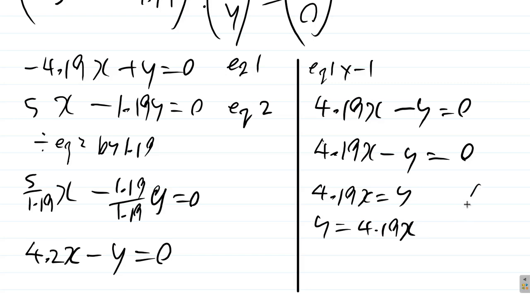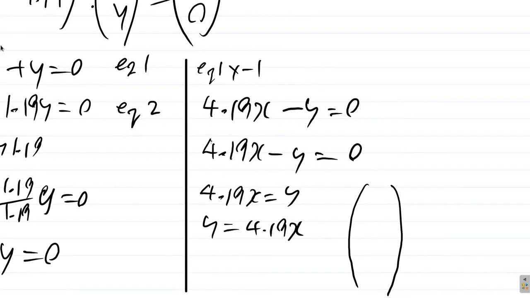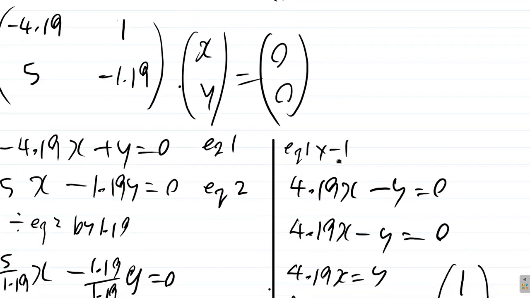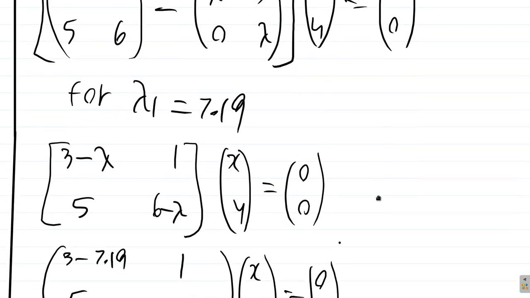Now we can use that to find the eigenvector. What is the eigenvector here? If we make x 1, then y is 4.19 times 1, which is 4.19. But it looks neater if we just say 4.2, close enough. By the way, hold on, I had x, y already.